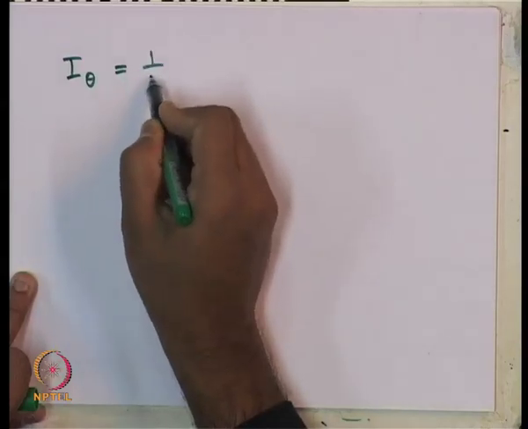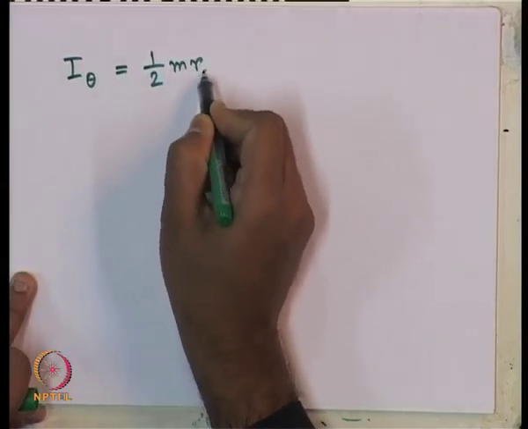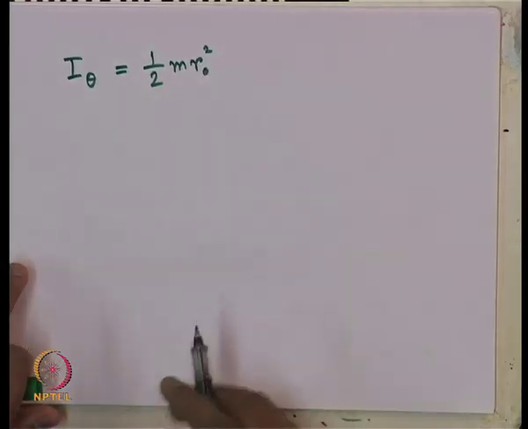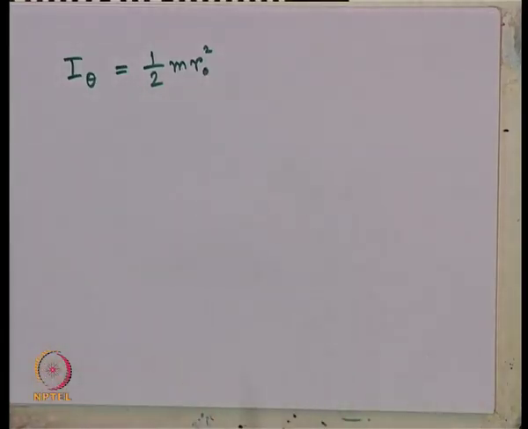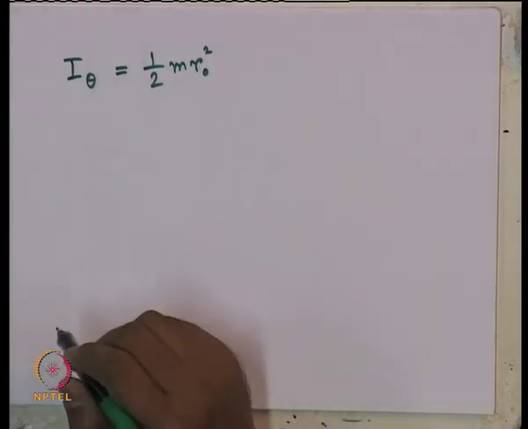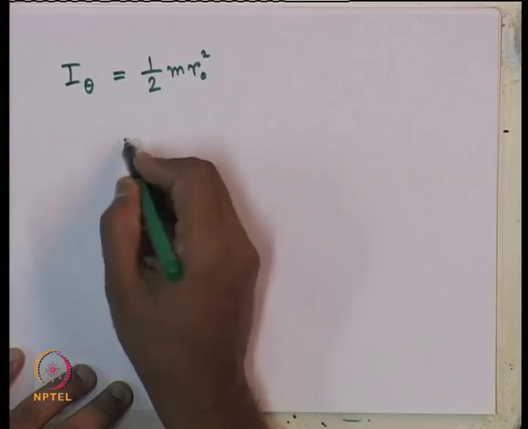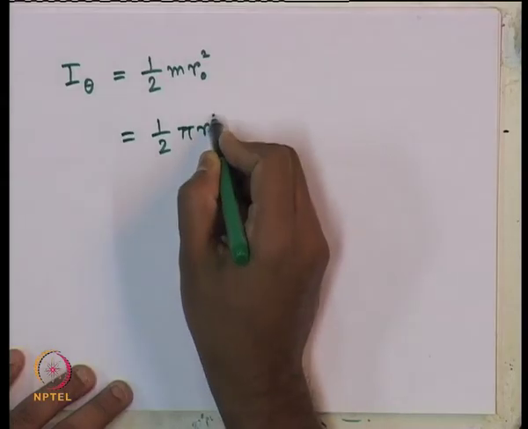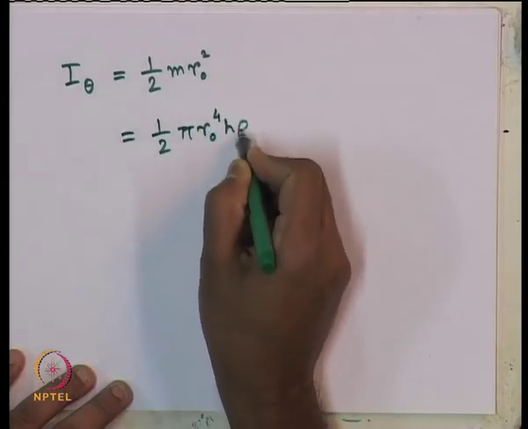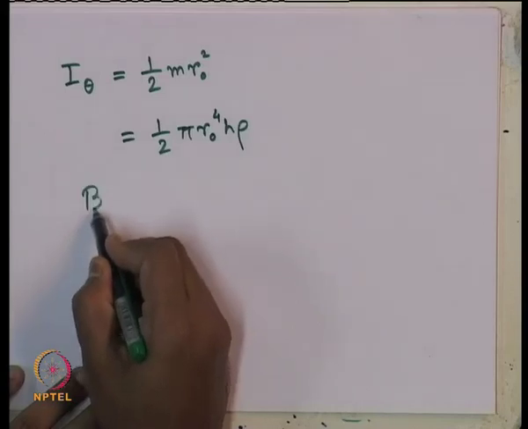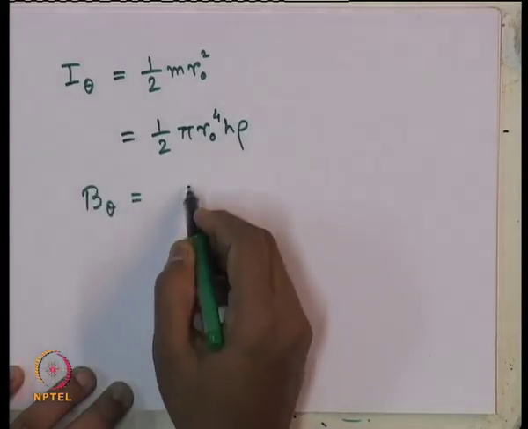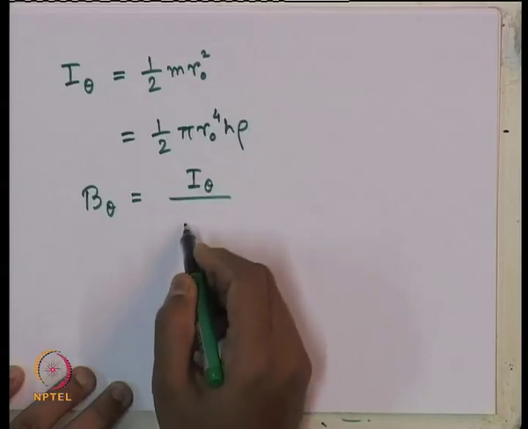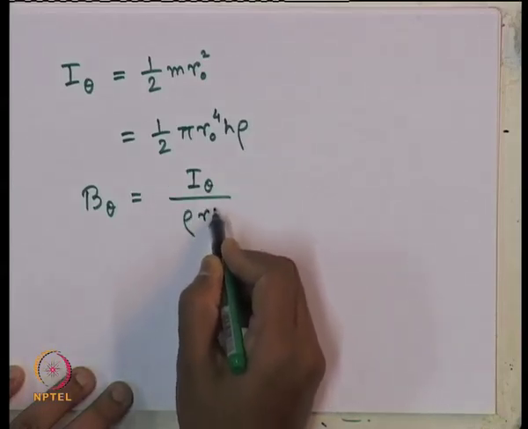I theta is nothing but half m r naught square, because it will behave like a circular disc, isn't it? The mass moment of inertia for a circular disc about its vertical axis is half m r square. So, half pi r naught to the power 4 h rho, and the expression for b theta, that is the modified mass ratio, is I theta by rho r naught to the power 5.